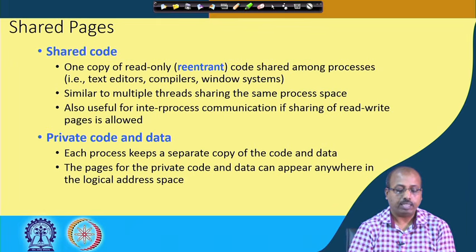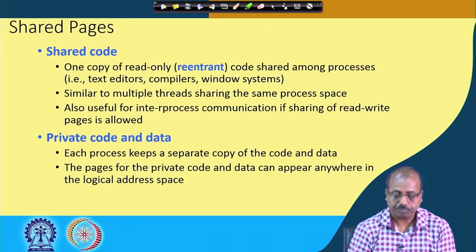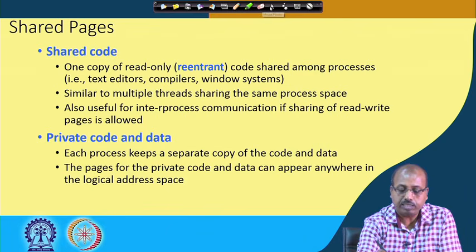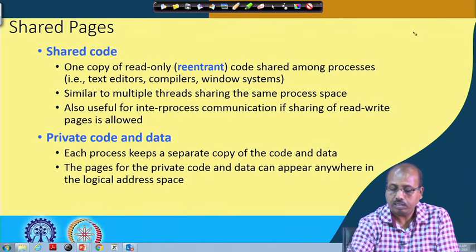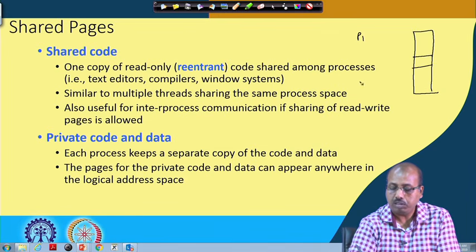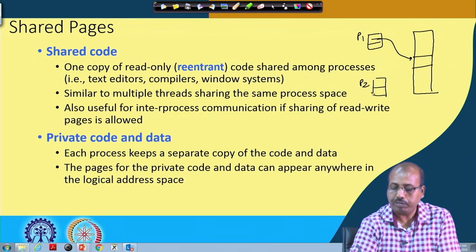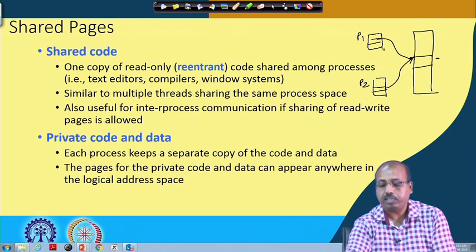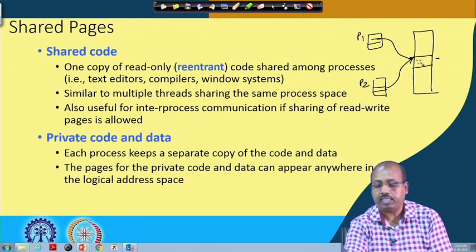Maybe this is a page which is shared by two processes P1 and P2. The page table for P1 will have an entry which points to this, and similarly the page table for P2 will also have an entry which points to this. Since this is shared, P1 and P2 can both access this particular page.